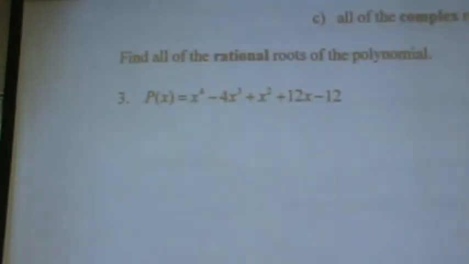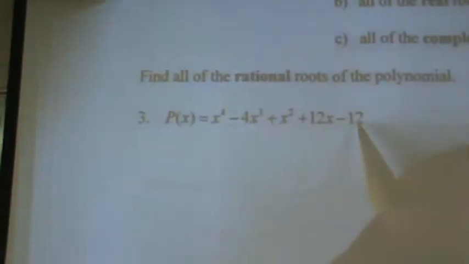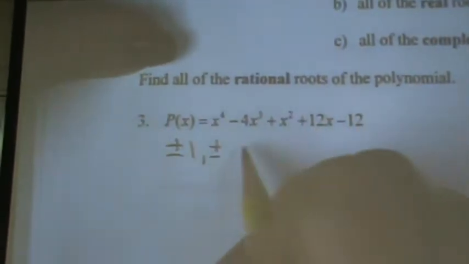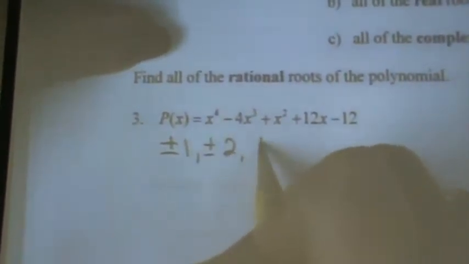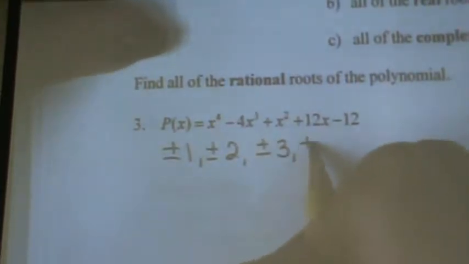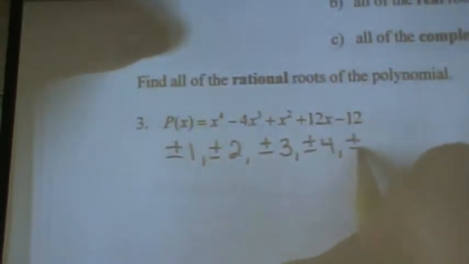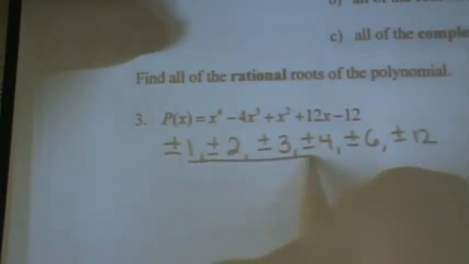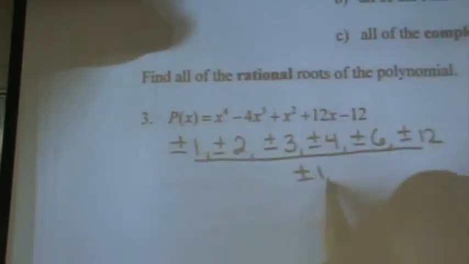So how do you do number 3? Number 3, what you're going to do is, I can't factor this. So I'm going to look at plus or minus 1, plus or minus 2, plus or minus 3, plus or minus 4, plus or minus 6, plus or minus 12, all over plus or minus 1, and that's it.